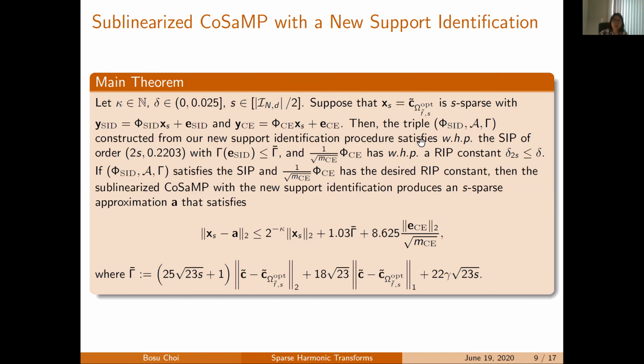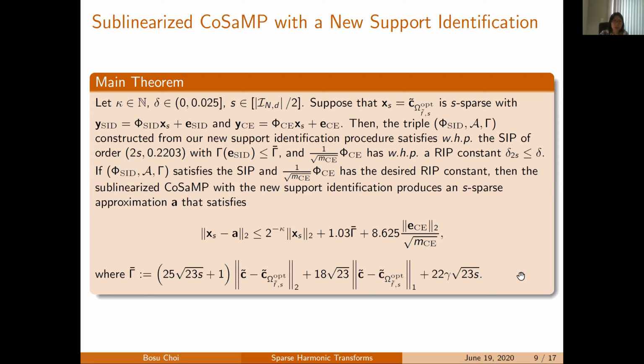And if these both properties are satisfied, then we can get the sublinearized CoSaMP, which has the following error guarantee. And this gamma bar that also appeared in the previous theorem, we chose this gamma bar with this specific value.